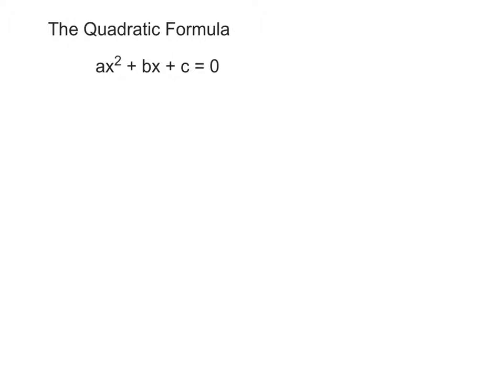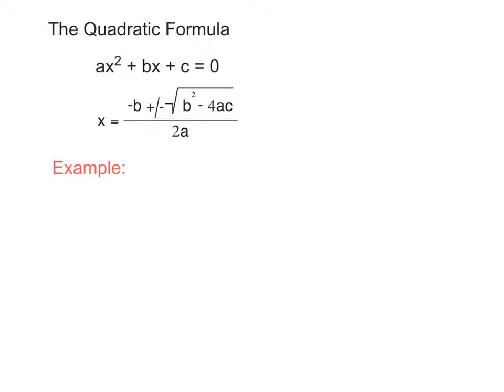If we've got something that looks like this, ax squared plus bx plus c equals 0, then the quadratic formula for this would become, x, in this case, would be equal to minus b plus or minus the square root of b squared minus 4ac over 2a.